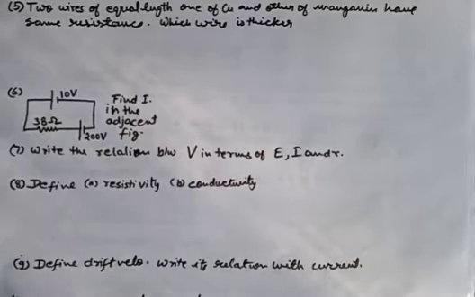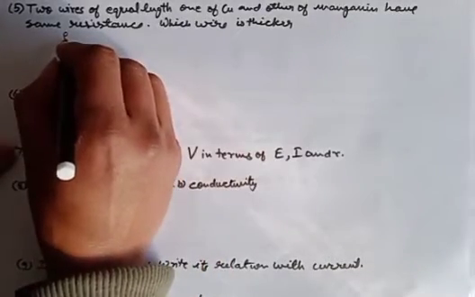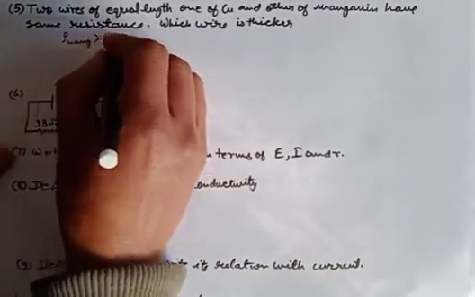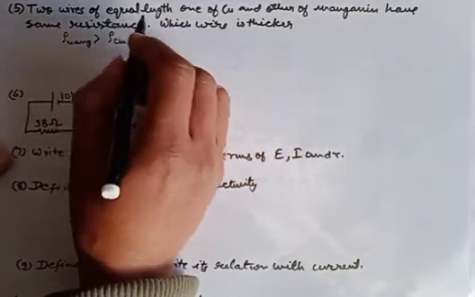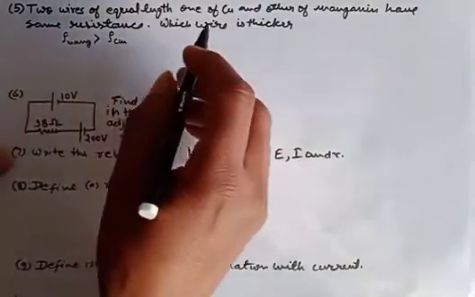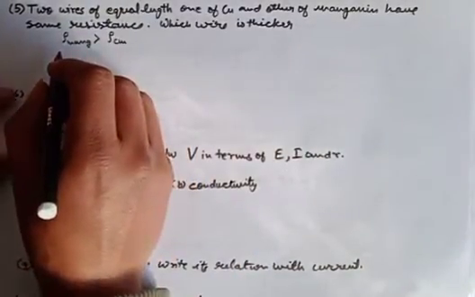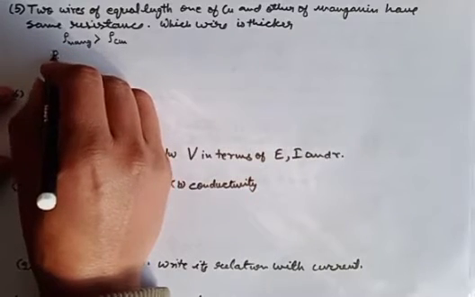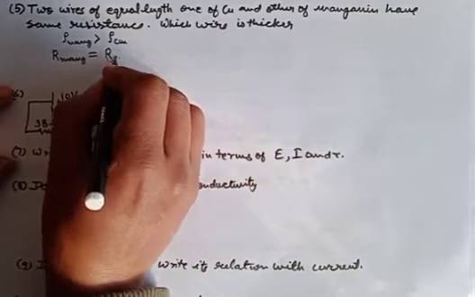Two wires of equal length, one of copper, other of manganese, have the same resistance. Actually we know that resistivity of manganese is greater than resistivity of copper. Now what they are saying, two wires of equal length. All right, so which wire is thicker? They have the same resistance, so resistance for manganese is equal to resistance for copper wire.